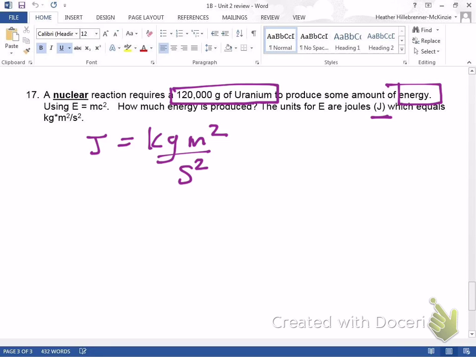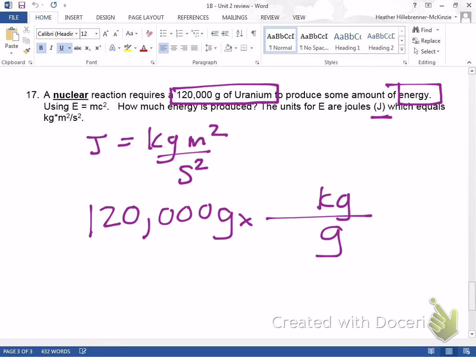So, do I want that in grams? No, I need that in kilograms, right? So we've got 120 grams here, and I need to convert that to kilograms. I know kilograms goes on top and grams go on bottom. Why? Because I have to cancel the grams. Which is bigger, a kilogram or a gram?